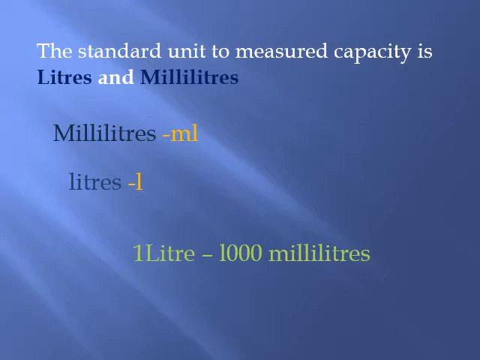The standard units to measure capacity are liters and milliliters. Milliliter is written as ml and liter as L. Now, what is the relation between liter and milliliter? 1 liter is equal to 1000 milliliters.